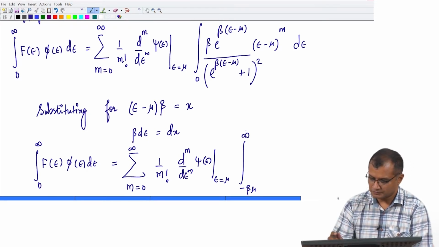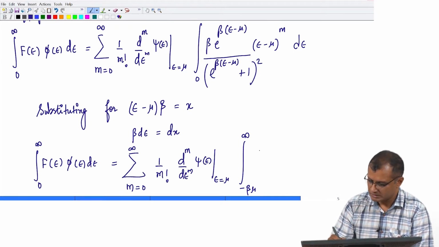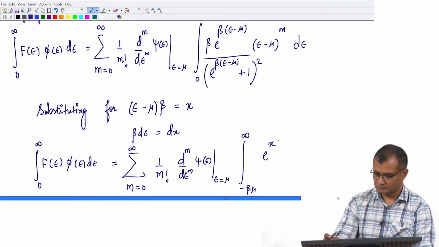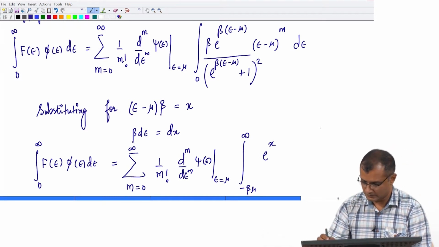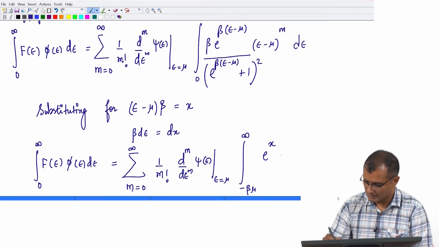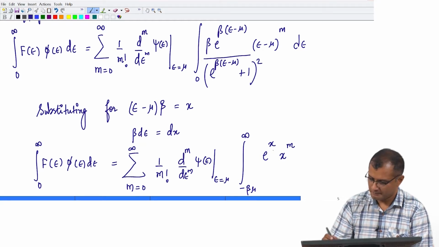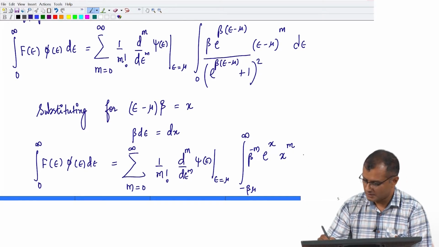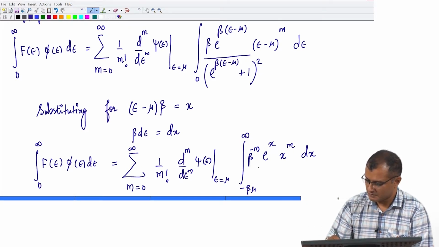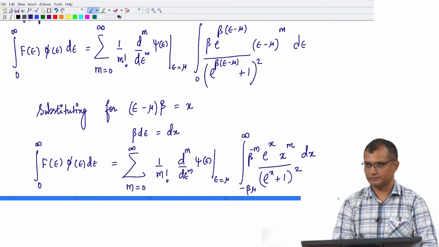and with the substitution E minus mu into beta, my integral becomes e to the power x into x to the power m into beta to the power minus m into dx over e raised to x plus 1 the whole square, fine.